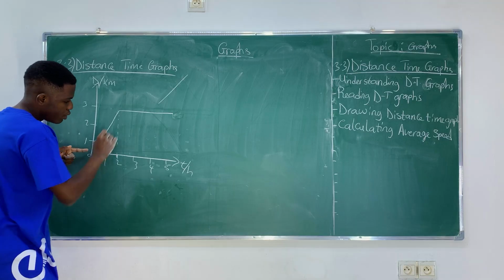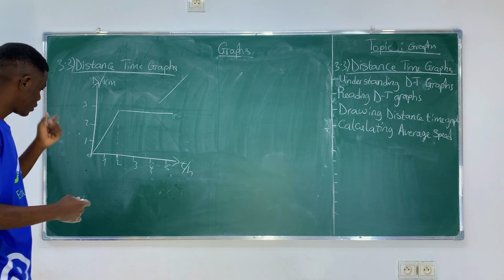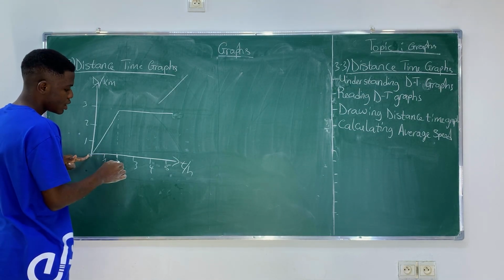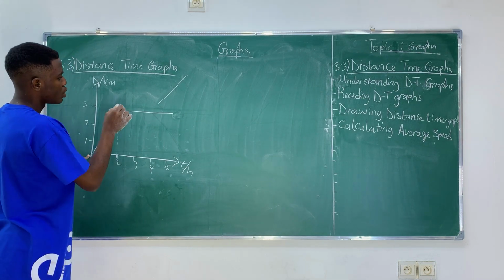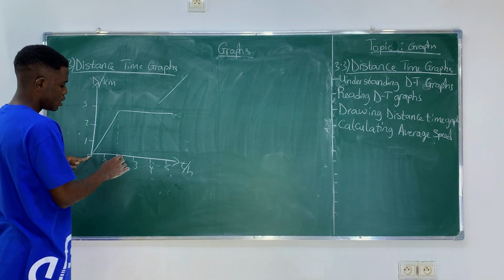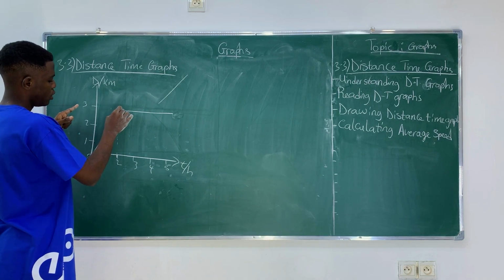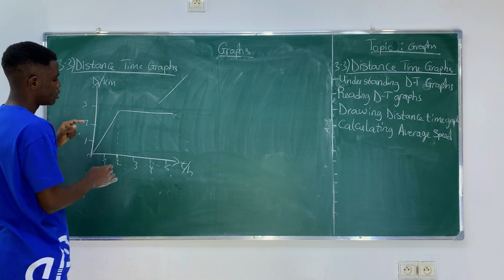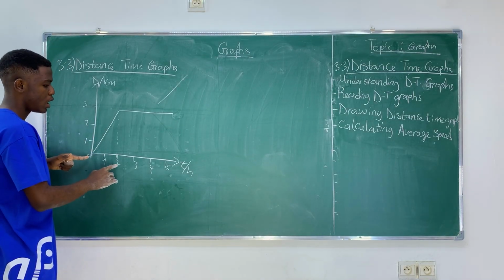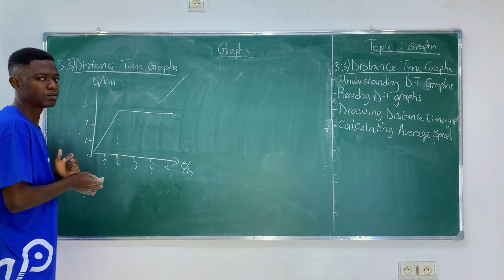So to describe it, I'll say from the 0th to the second hour, the person on the boat, let's imagine it was somebody walking, walks 3 kilometers with a constant speed. That's what you say. From the 0 to the second hour, the person walked 3 kilometers with a constant speed.